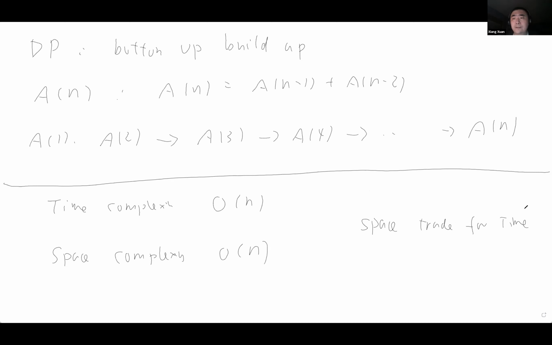Then the next thing is, if we're trying to push ourselves a little further, we can probably not improve much on the time complexity. But in terms of space complexity, if we analyze a little bit more, we can actually find the following.